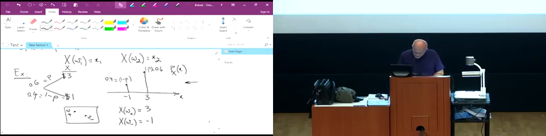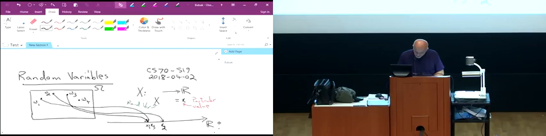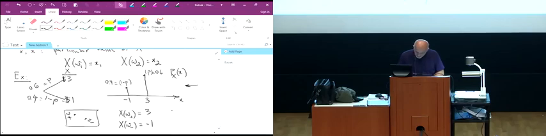This kind of random variable actually has a name. It's called a Bernoulli random variable. This is an example of a Bernoulli trial.